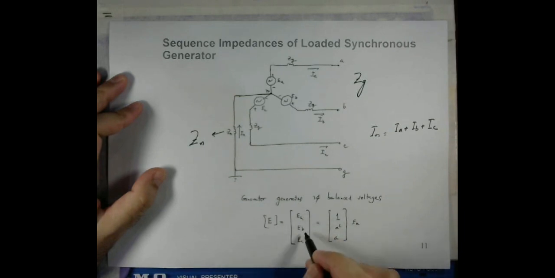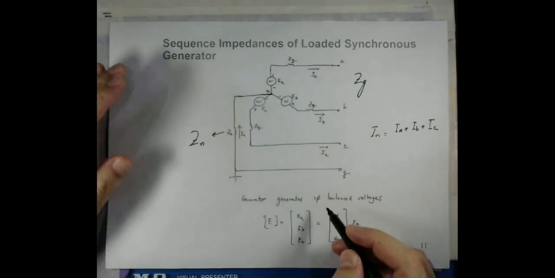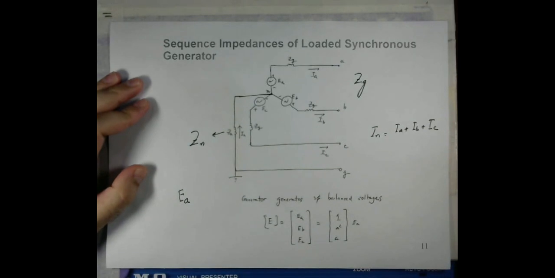If you remember, in a balanced system, if we take Ea as a reference, then the other two phases, Eb and Ec, will be shifted by 120 degrees.